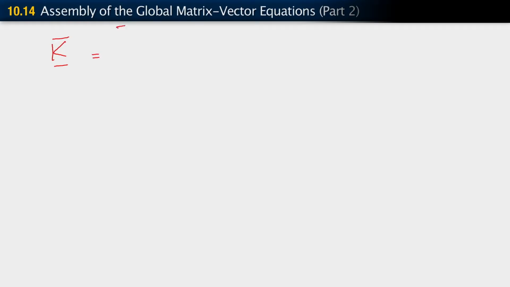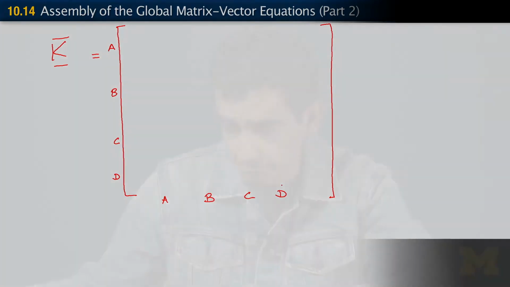In setting it up, let me suppose that this is row A, row B, row C, and row D. And in terms of columns also, I may have A here, B, C, and D. With all of this in place, let's look at which sub-matrices from the KE1 and KE2, which I wrote in the previous slide, are going to make their appearance here.